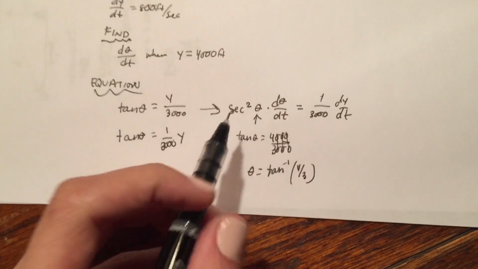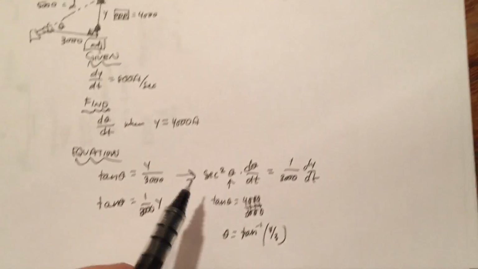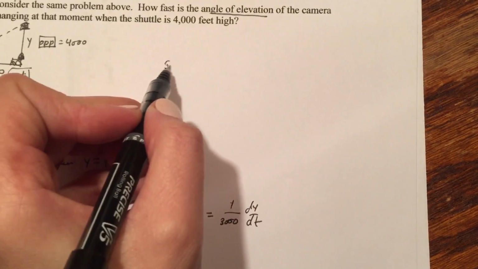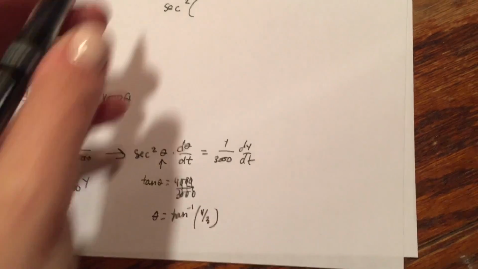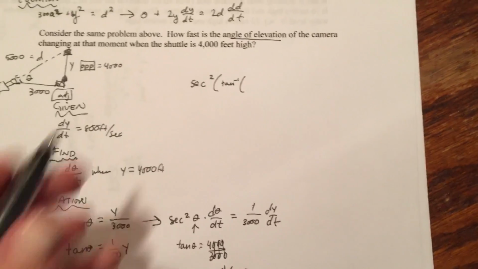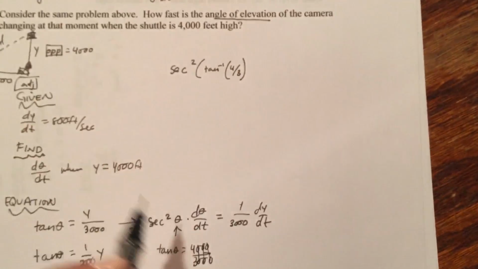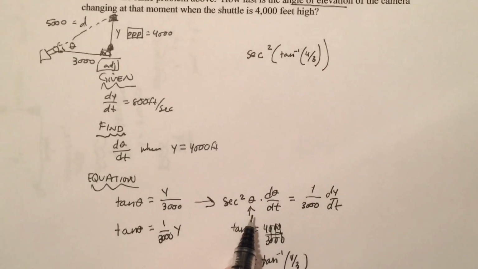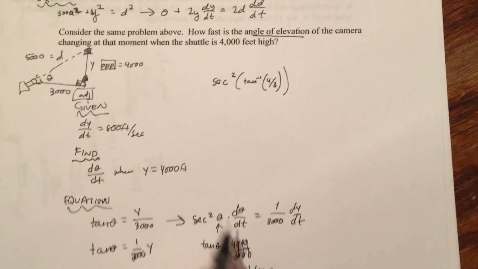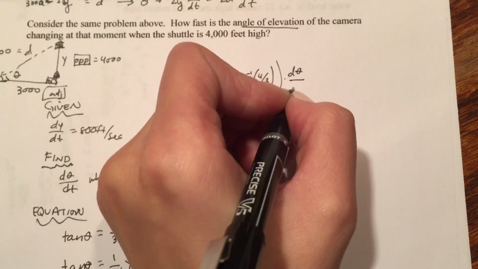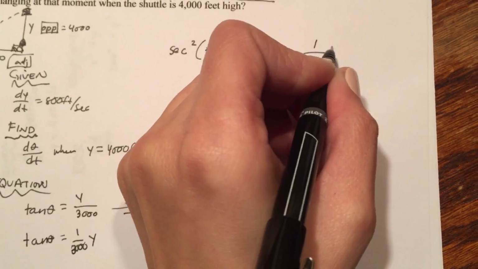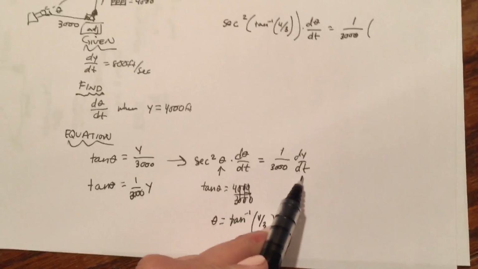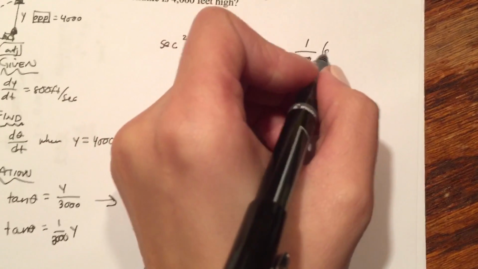And that's going to be theta. So with that, I'm ready to plug in everything. So I'm just going to do it up here. Secant squared of this inverse tan of 4/3. And again, you could have used any trig ratio. It didn't have to be the tangent one. Okay, of 4/3 times what I'm looking for, d theta dt, is going to equal 1/3000 times dy dt, which they gave us as 800.